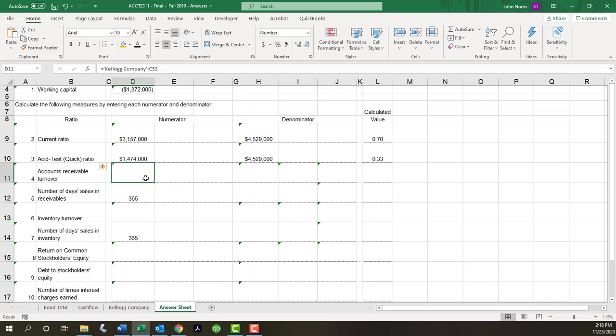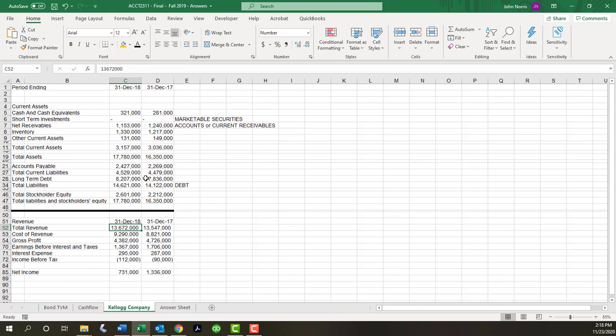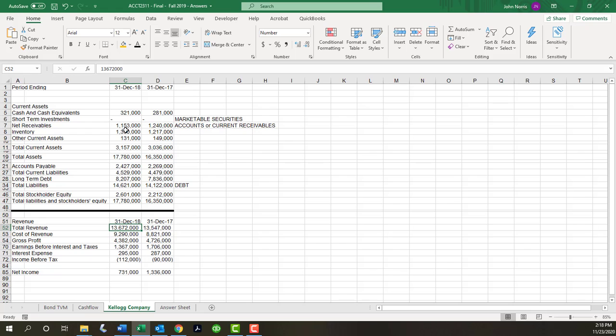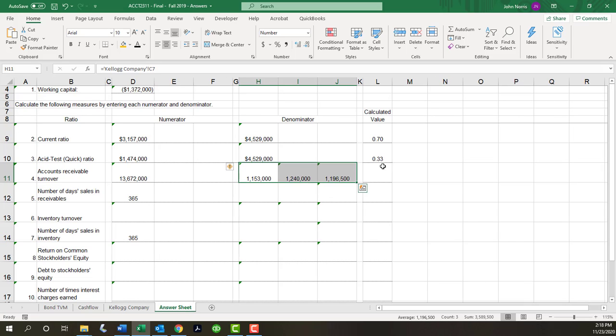Accounts receivable turnover, the numerator is total revenue, and then the denominator is average accounts receivable. So accounts receivable from the beginning of the year added to accounts receivable at the end of the year divided by 2.